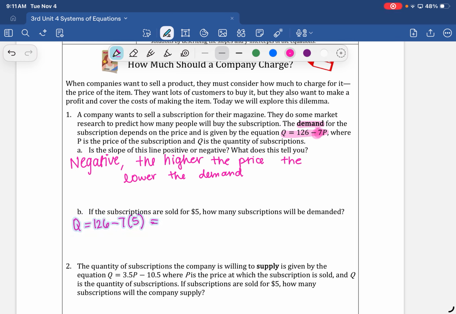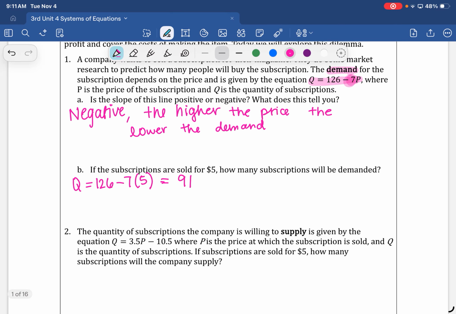It's not negative. What is it? It is 91. 7 times 5 is 35, but we had to do the whole thing. So 91 subscriptions are demanded if they sell them for $5 a piece.